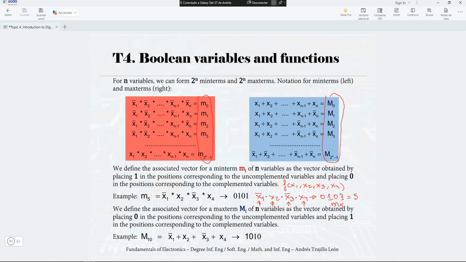So, for example, using this example, if x1 appears negated, we are going to use a 1. Just the opposite as before. Negated version, a 1. Non-negated, a 0. This in the max terms. In the min terms it is exactly the opposite.